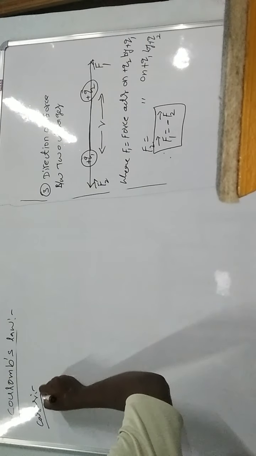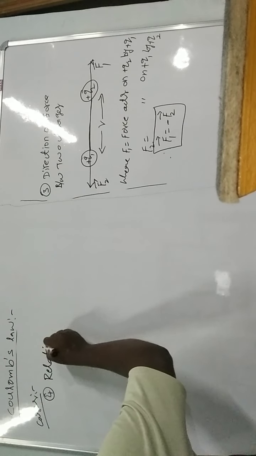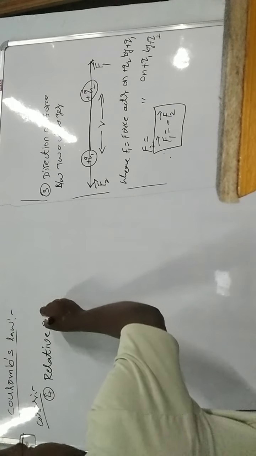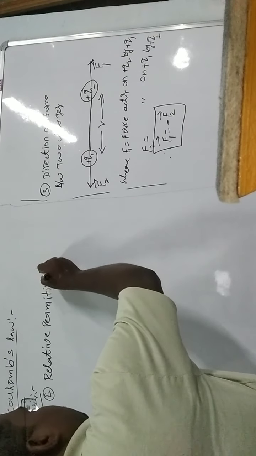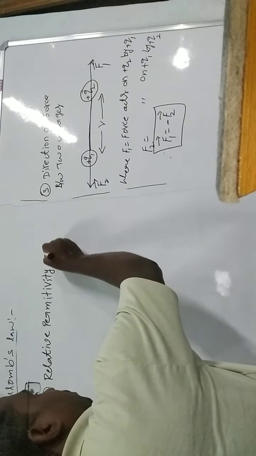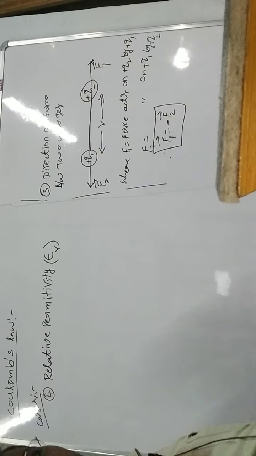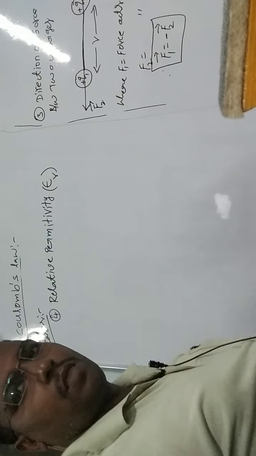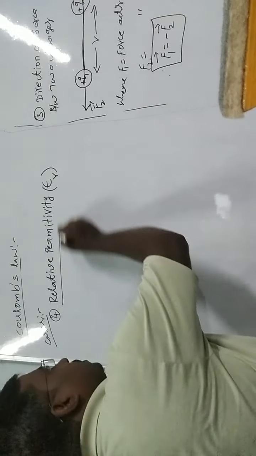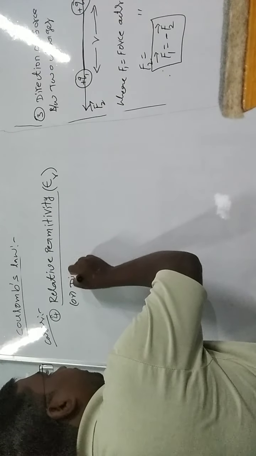Next, fourth one, relative permittivity. It is represented by epsilon suffix r, or it is also called dielectric constant.